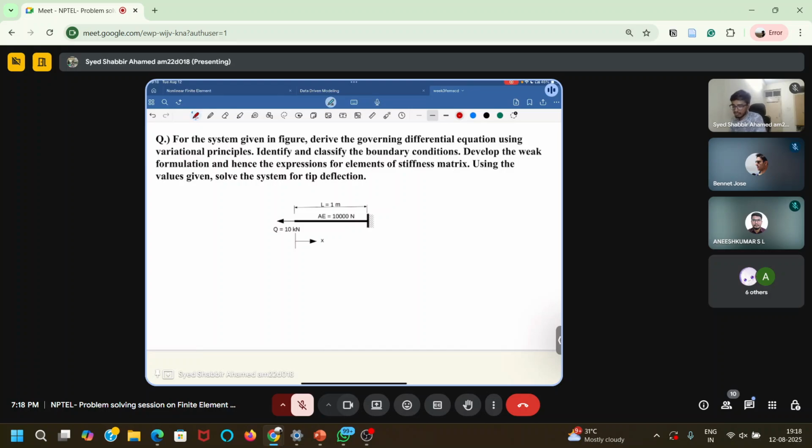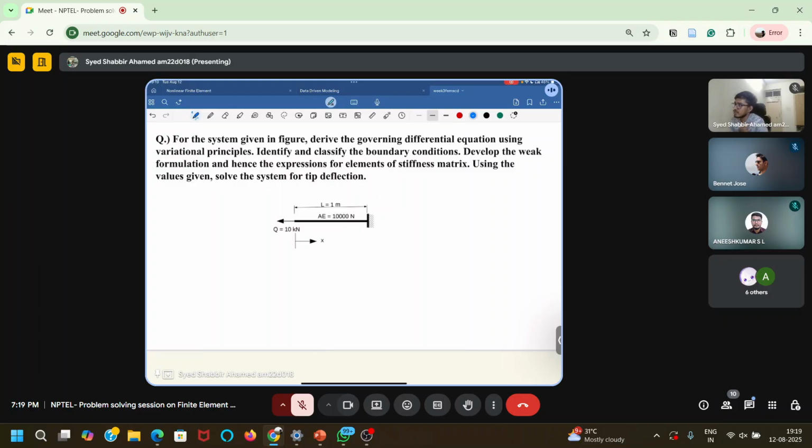In fact, this will be a more useful method if you go into dynamics and different things. Obviously, weighted residual is also one method, but the variational method is much easier to deal with if you have complex problems.